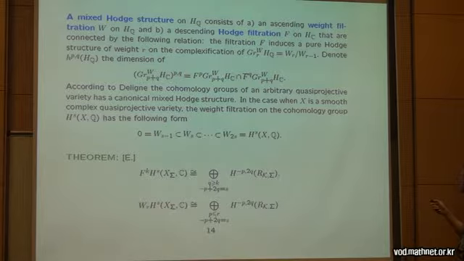To define a mixed Hodge structure, we need the following condition: the elements of weight r quotient by elements of weight r minus 1, this space has a pure Hodge structure of weight r.